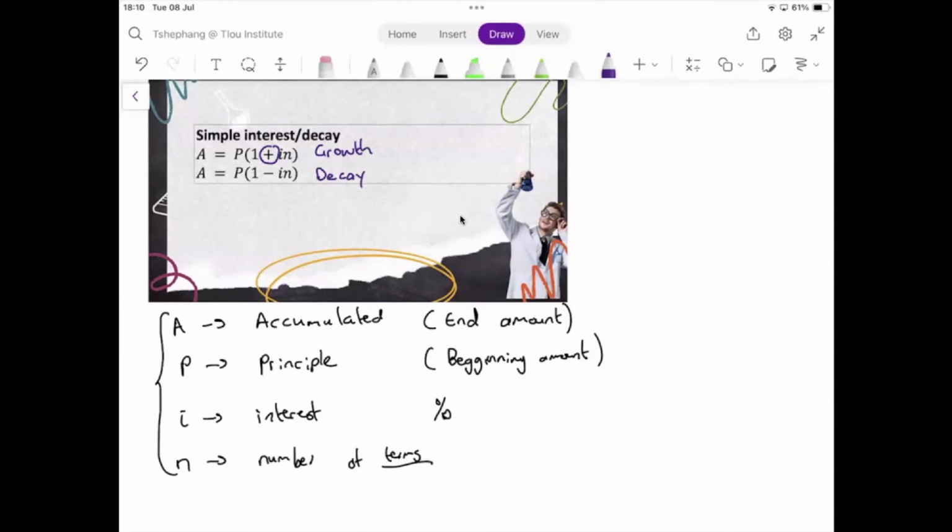For example, let's say the smartphone that you use, you bought it at the beginning of last year. Because you have been using it, if you tried to sell it today, you cannot sell it at the same amount that you bought it for because it has depreciated in value. That's when you can use decay. And that's, in a nutshell, simple interest and simple decay.